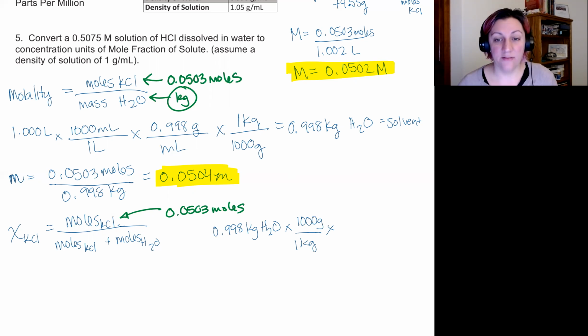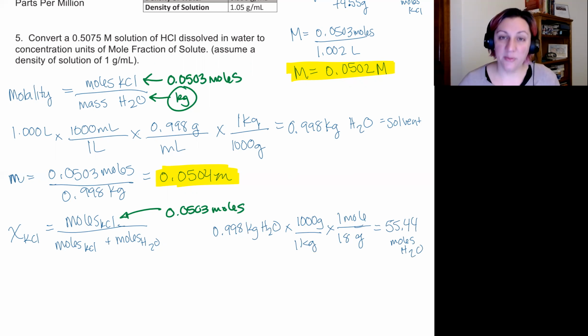And then I'll convert into moles using 1 mole is equal to 18-ish grams from the periodic table for water, H2O. And that will give me a value that is 55.44 moles of water. So I'll be able to plug that in.